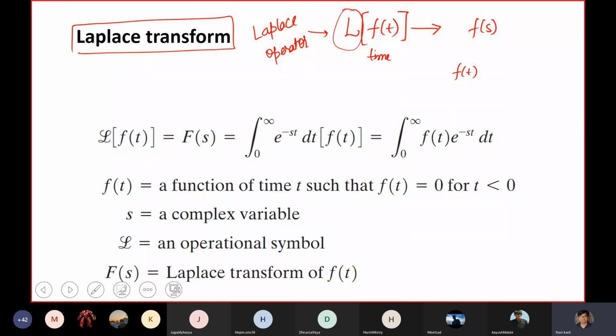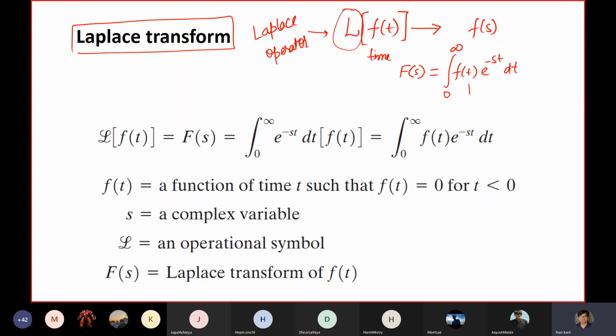You will see in a while. So whenever you see any function, you multiply it with e to the power minus st, and you integrate this function dt from 0 to infinity, and whatever value you get is your transformed function into the Laplace domain.